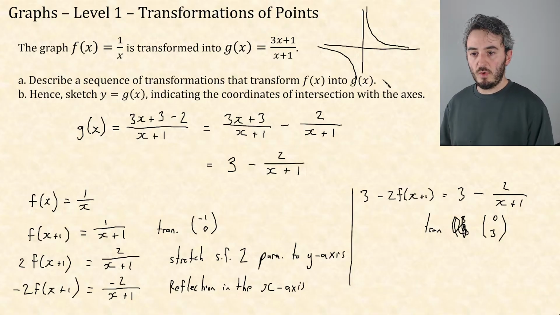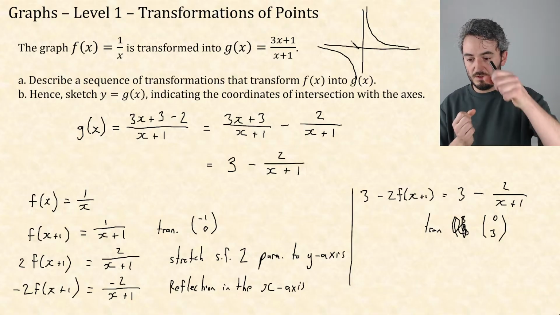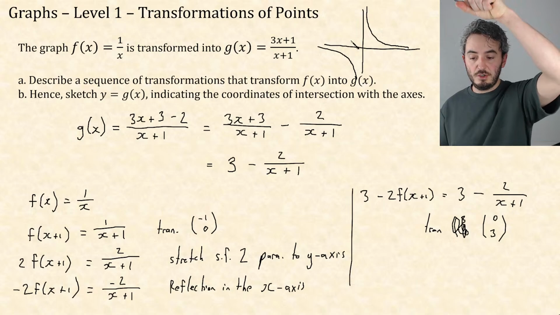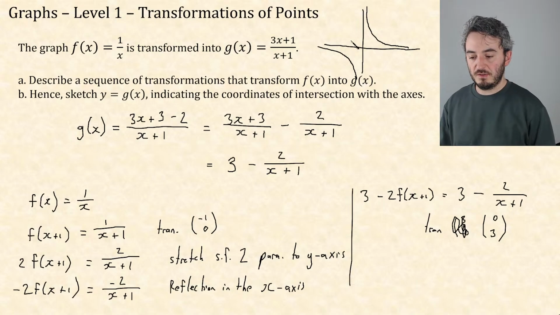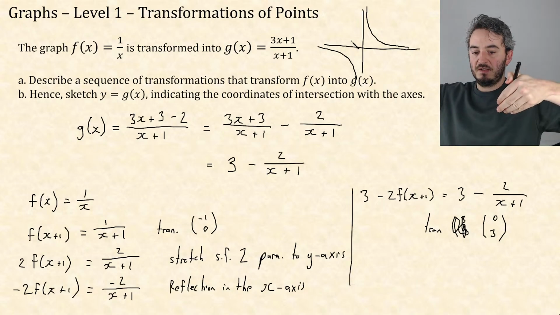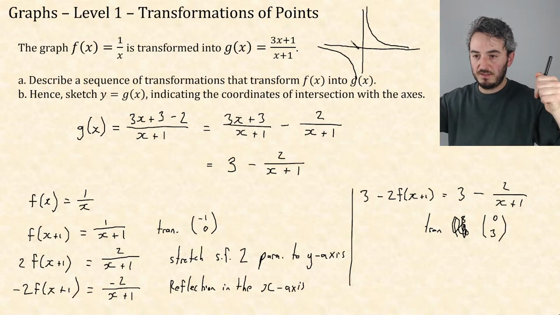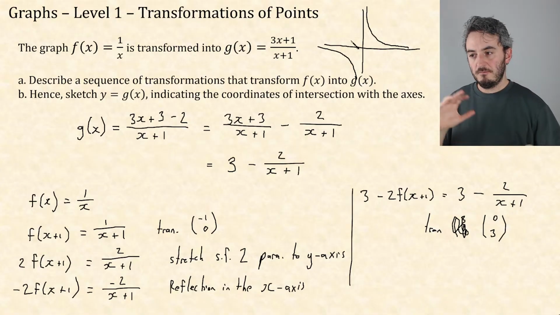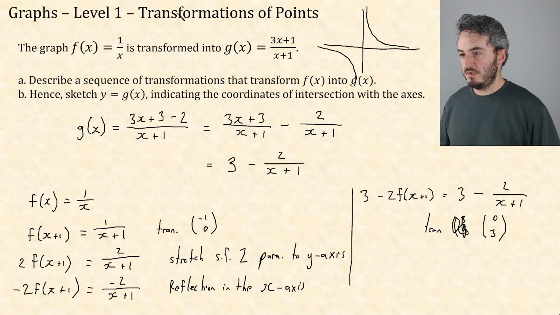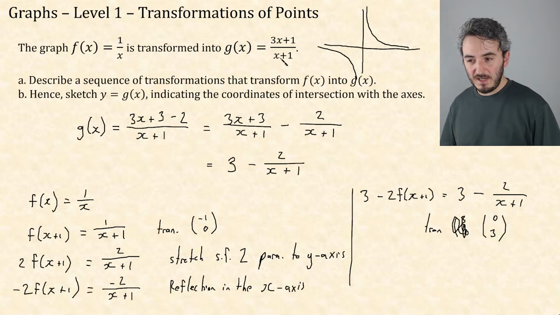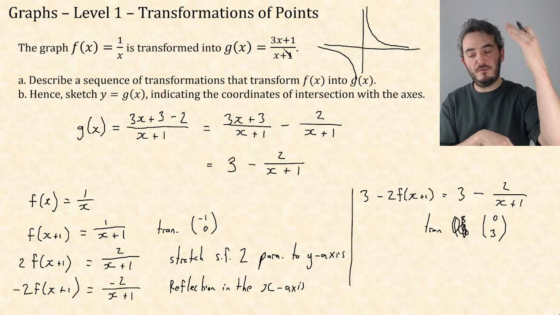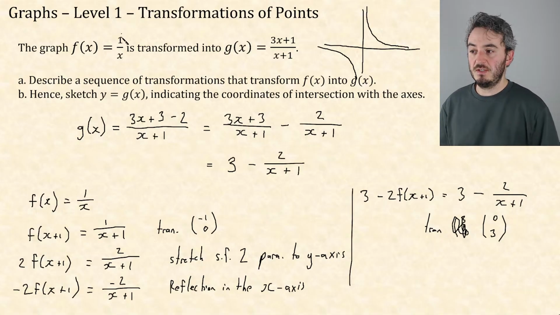Move it 1 unit to the left, stretch it scale factor 2 parallel to the y, reflect in the x-axis, and then move it 3 units up. So it's just this process here which can be very, very useful to know that anything in the form of a linear function over a linear function is actually secretly a transformation of 1 over x.